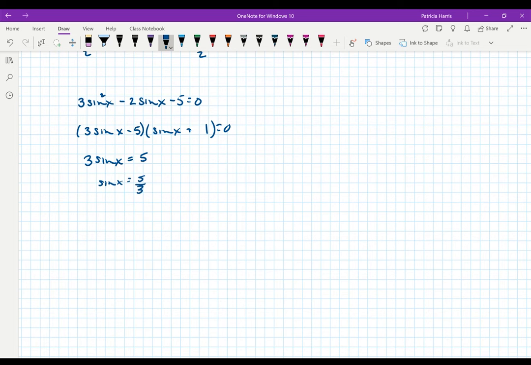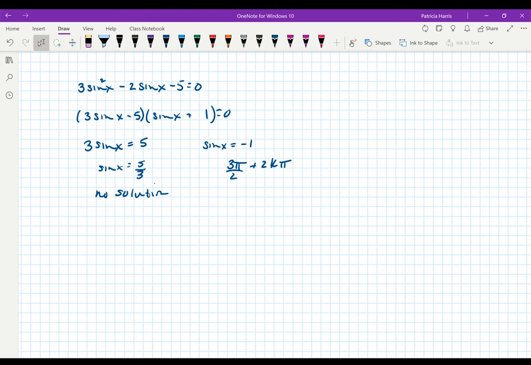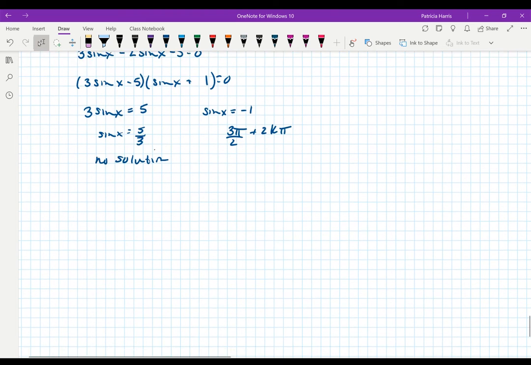Oh, no solution again. And this one yields, oh, sine equals -1 at 3 pi over 2. So this one's very similar to one that we previously solved. Okay, I know we said one more, but we're just going to solve one more, just to be fun.